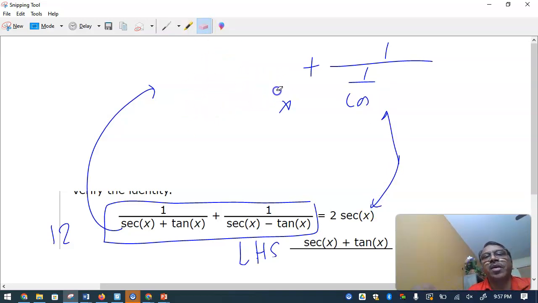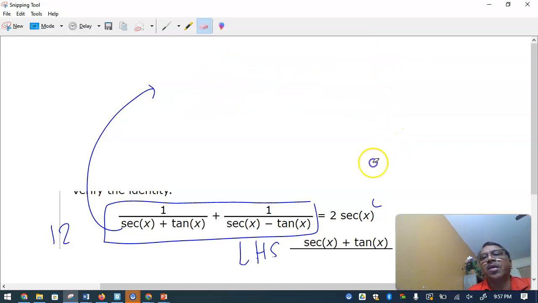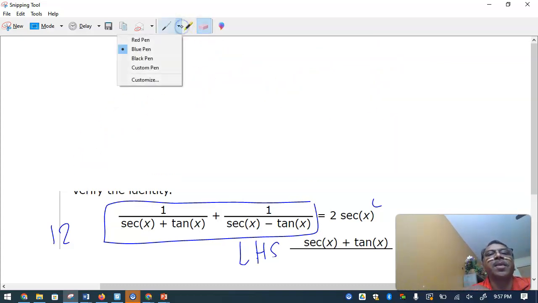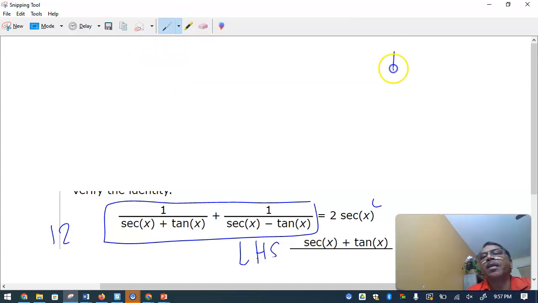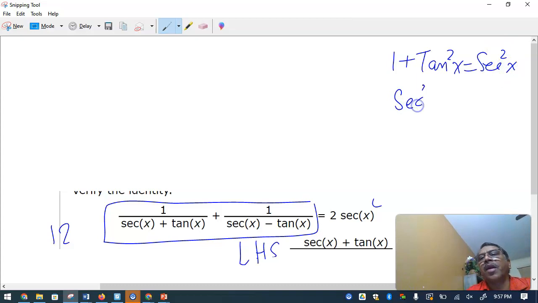As we progress working on a lot of identities, we should think of more identities that we know. Let's see, the other Pythagorean identity we know is 1 plus tan square x is secant square of x. In other words, secant square of x minus tan square of x equals 1.